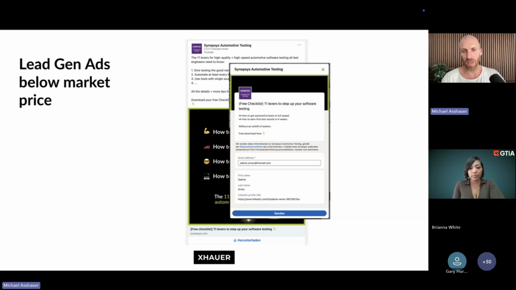You can tick that checkbox, so that the LinkedIn profile URL of the leads you generate will automatically be inserted in the lead gen forms that your potential leads see, and then they will send it to you. Keep that in mind, because I will show you in the third step how you can make use of that and what little lever you can pull here. But generally, don't ask for too much.